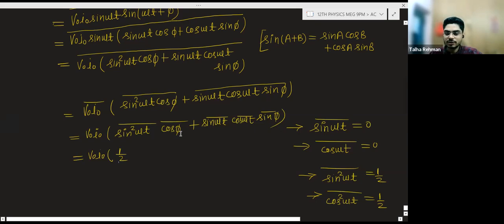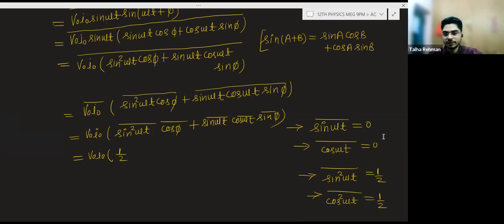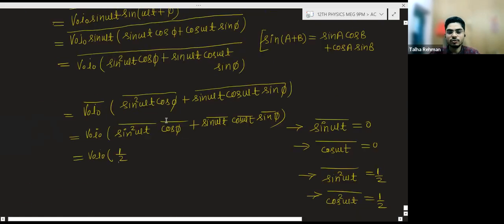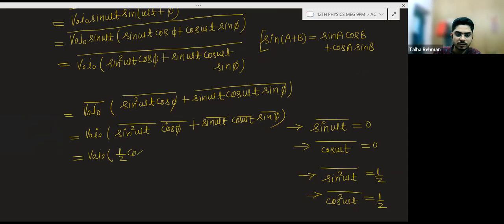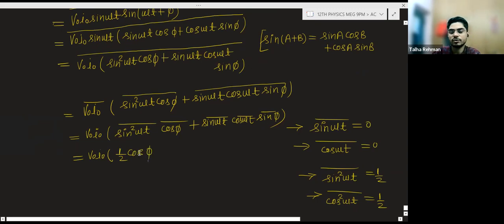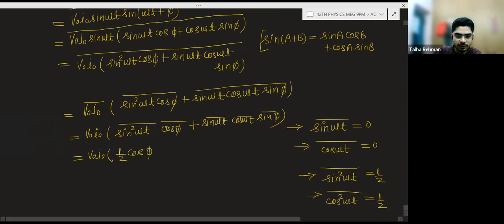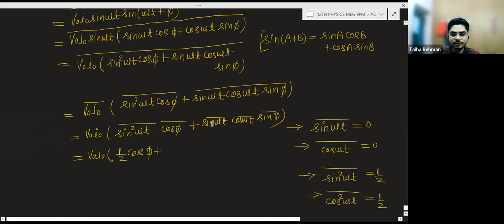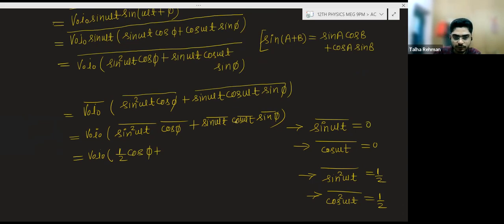Phi is the phase difference, so the phase is constant here. So bar of cos phi will be cos phi, because cos phi is a constant quantity. Now the average value of sin omega t is 0, cos omega t is 0, so this whole term will become 0.